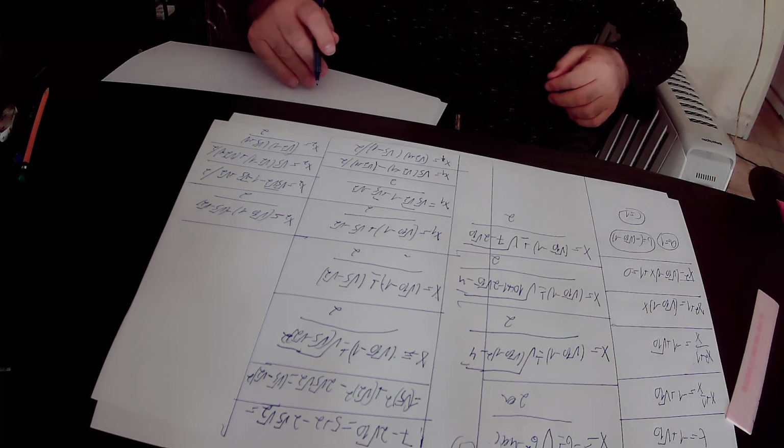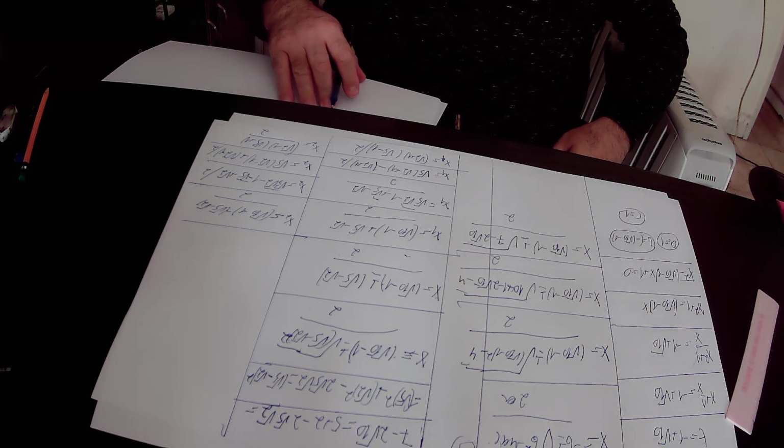In the next step we will multiply x1 by x2.